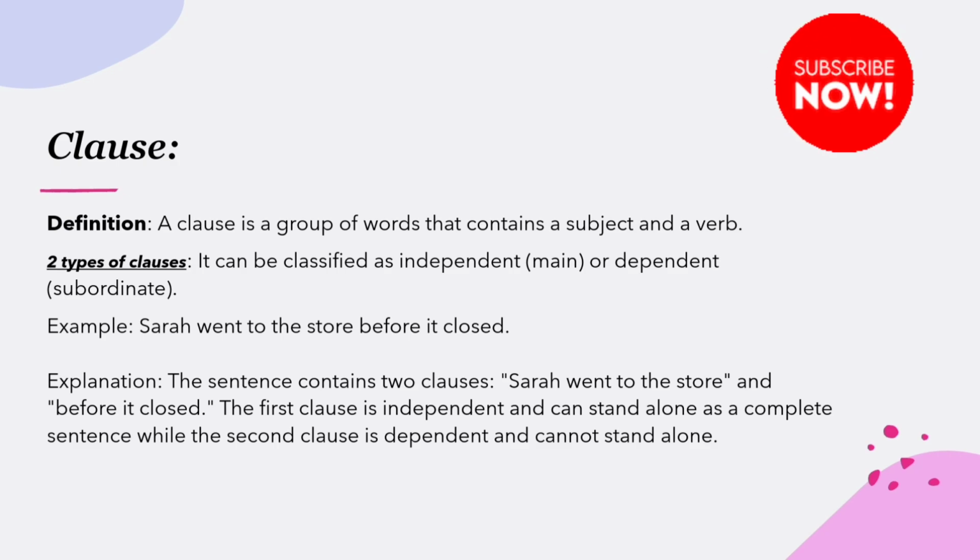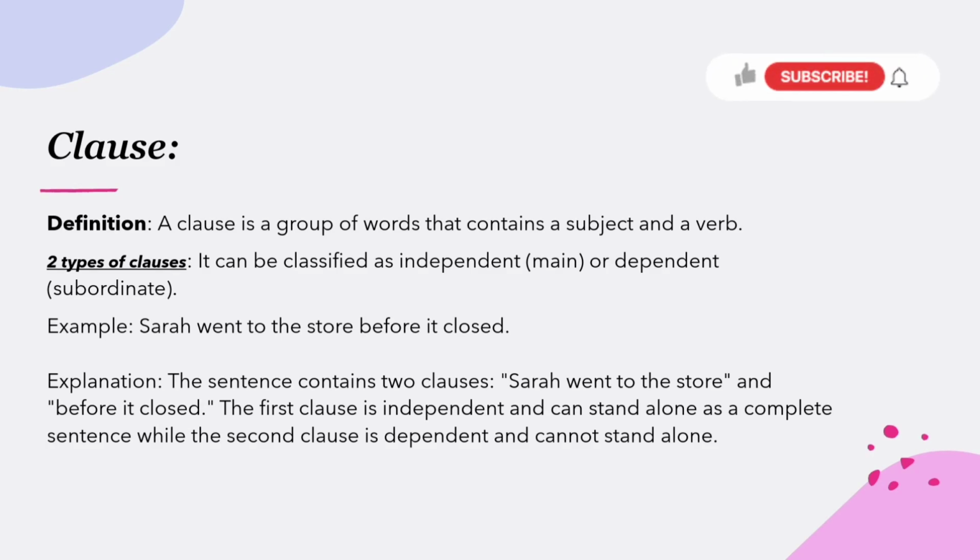Now a dependent clause is dependent on an independent clause, which is the main clause. Now if I say "Sarah went to the store before it closed," then "before it closed" is the dependent clause. But the clause "Sarah went to the store" can be used independently because it stands alone. It does not need a dependent clause with it.